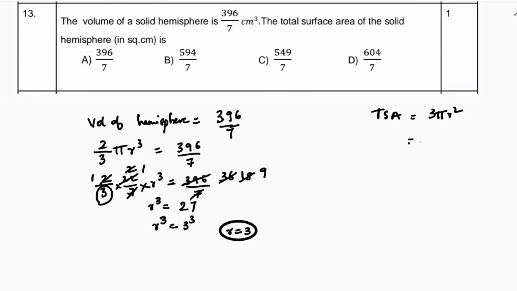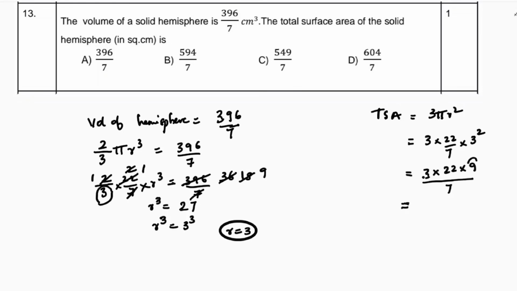Now see here, 3 times 22 by 7 times 3 square. So 3 times 22 into 9 by 7.